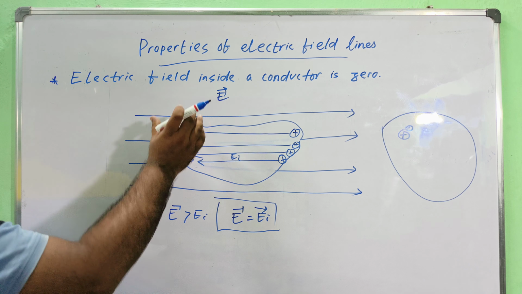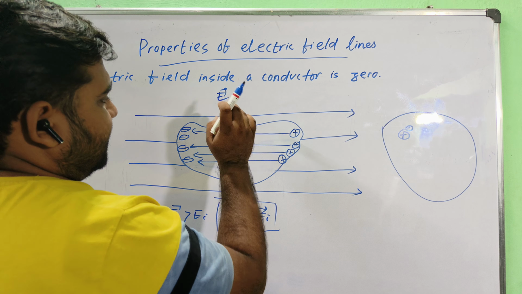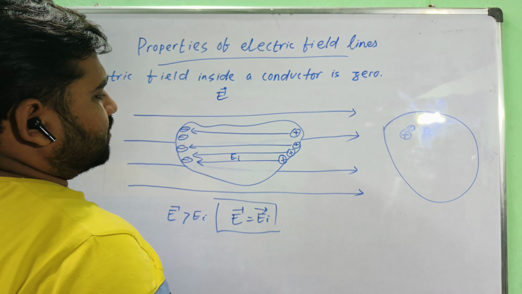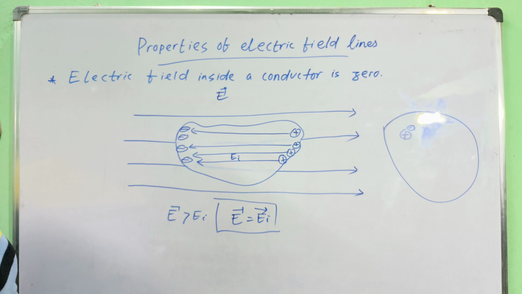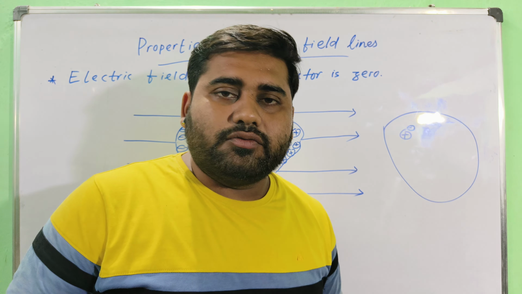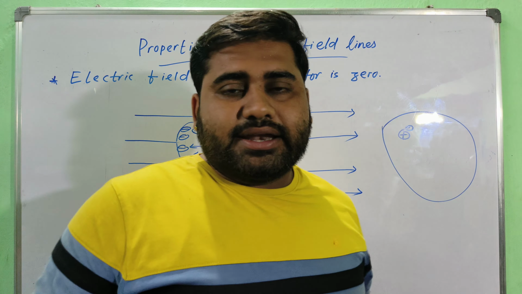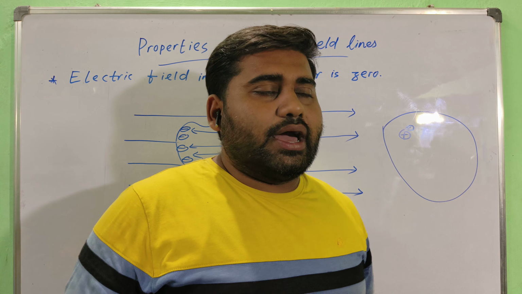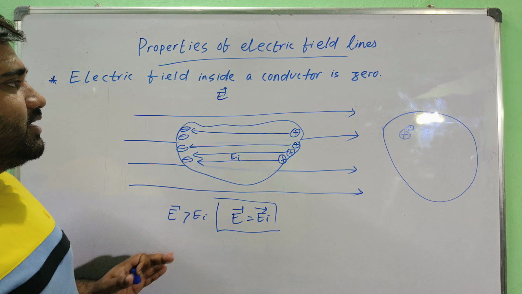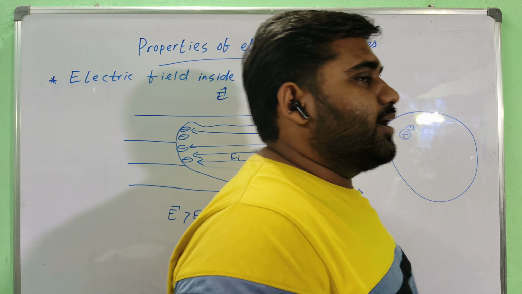In that case, this electric field will be cancelled by the electric field inside the conductor. The inside electric field of the conductor will cancel the external electric field, and that is the reason why there is no electric field inside a conductor.